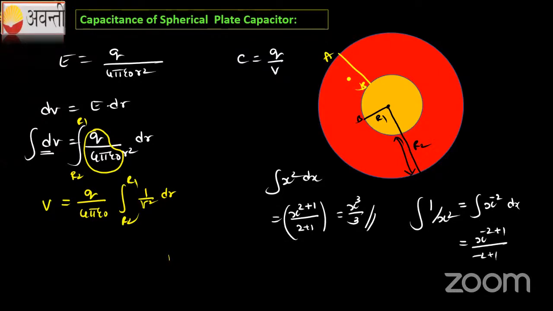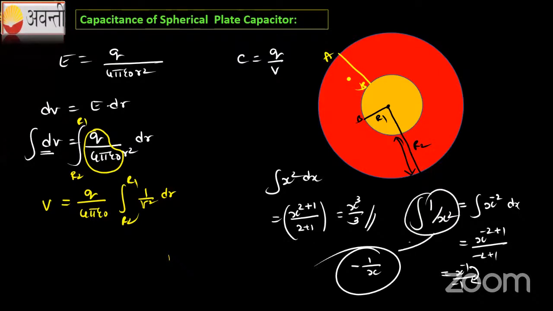Correct now? Minus 2 plus 1 means it is nothing but x to the power of minus 1 divided by minus 1. Simply we can write again, if I'm going to take this one to downward direction, it will become minus of 1 divided by x, means 1 by x square का integration होता है minus 1 by x. Is it clear?